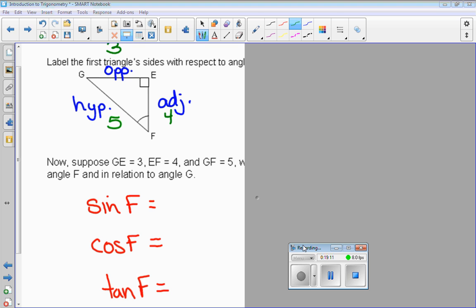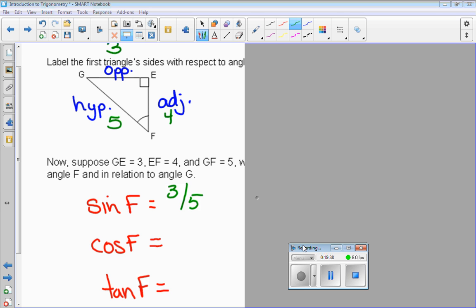So what I'd like us to do is write the ratios. So the sine of angle F. SOHCAHTOA. So SOH is the ratio for sine. So which one is opposite over hypotenuse? 3 over 5. Good. So the sine of angle F is equal to 3/5. What is the cosine of angle F?